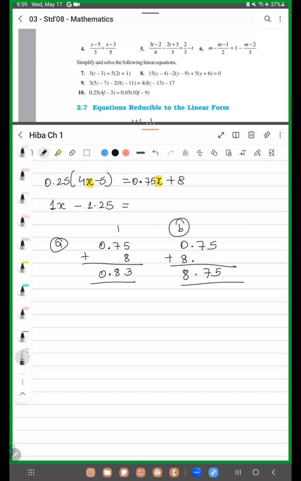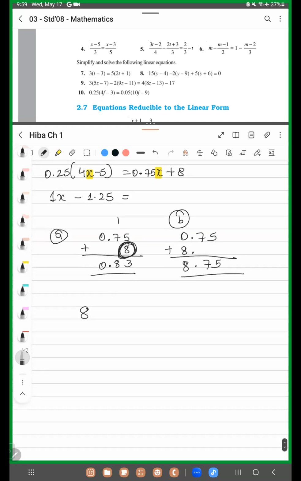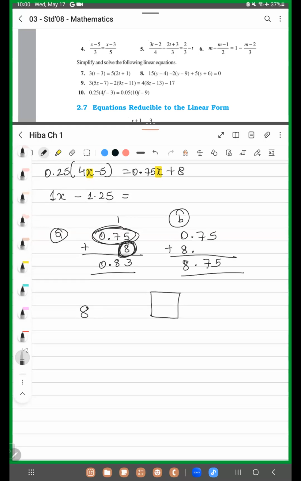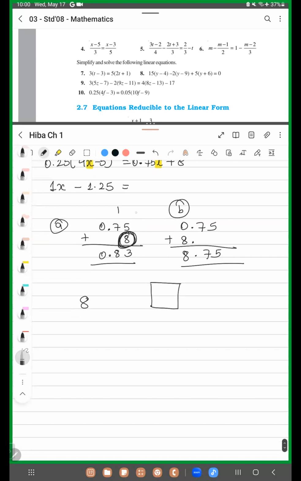A. अच्छा, 8 जो नंबर है, ये नंबर जो है वो 1 से बड़ा है या छोटा है? It is bigger than 1. इट इज बिगर देन 1। और चलो 0.75, ये नंबर जो है बिगर देन 1 और स्मॉलर देन 1?